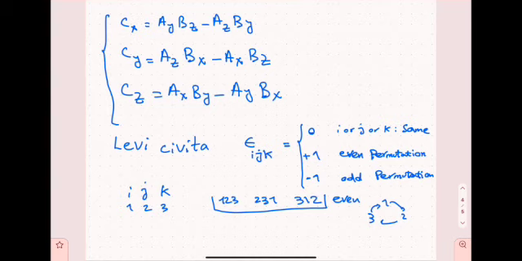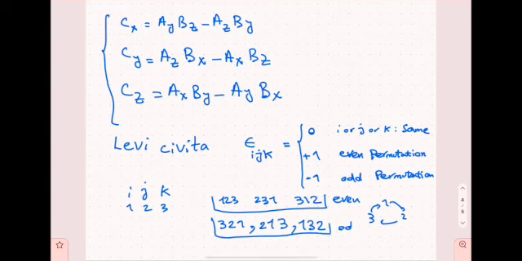So for example, 3, 2, 1. I start from 3 and then go counterclockwise, 3, 2, 1. Or 2, 1, 3, or 1, 3, 2. So these are called the odd permutations.